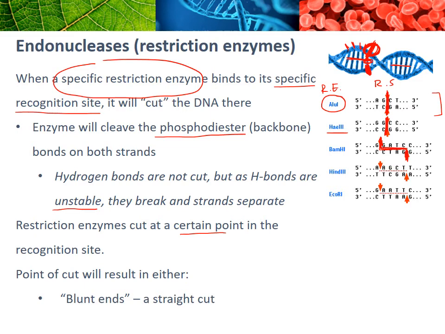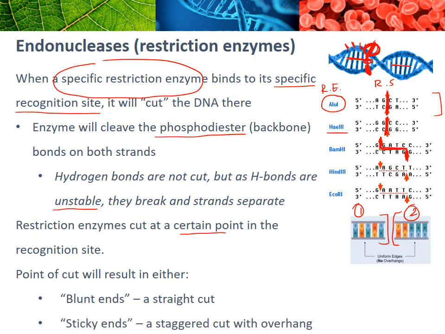Because of the way it cuts, there's two different kinds of shapes of the strands that we will end up with. One is called blunt ends. So like in this top one, if we cut right through the middle here, we will end up with the DNA in two strands, strand 1, strand 2, with a really blunt ending. Okay, it's a straight cut. The other shape is called sticky ends.